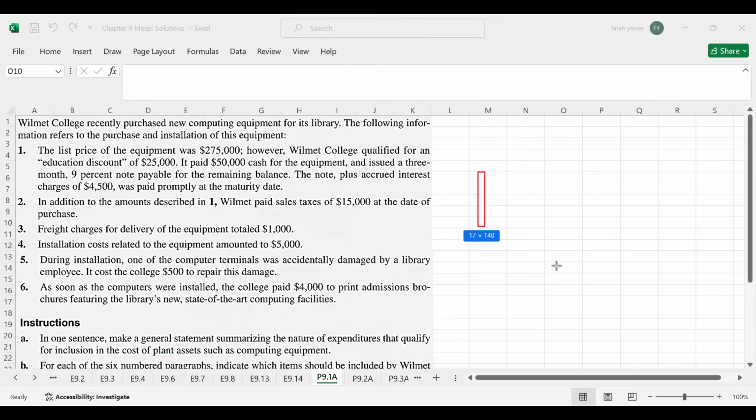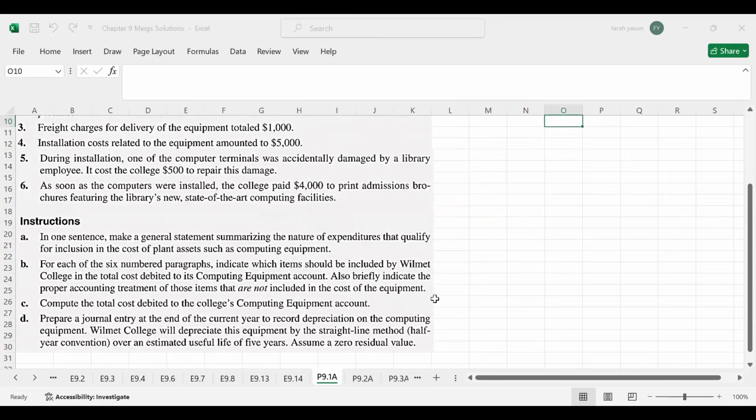In part B, they have asked, for each of the six numbered paragraph, indicate which items should be included by Wilmette College in the total cost debited to the equipment. Also briefly indicate the proper accounting treatment of those items that are not included.